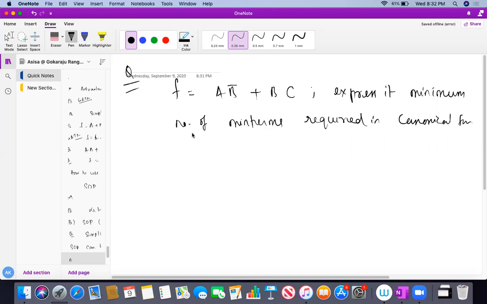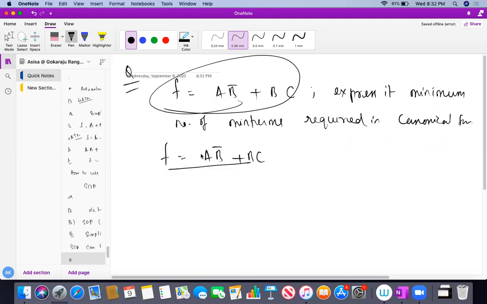So here this expression is given. What is F? F is nothing else, AB bar + BC. So this is my F, students. So you have to express it, how many minterms are minimum required in canonical form.